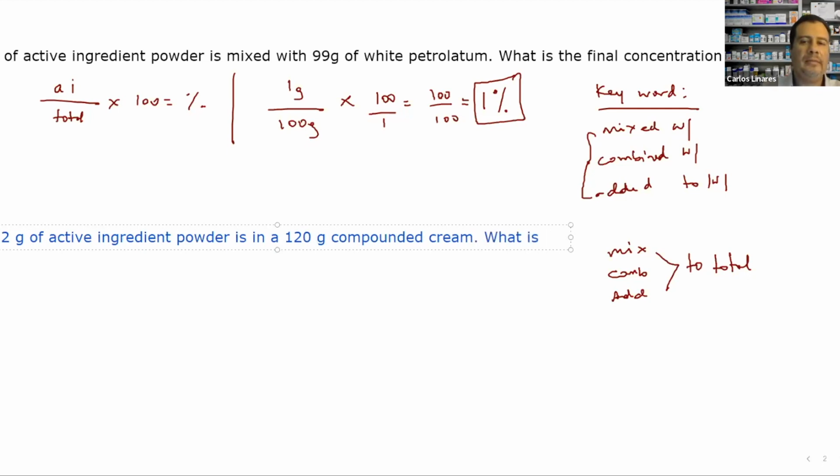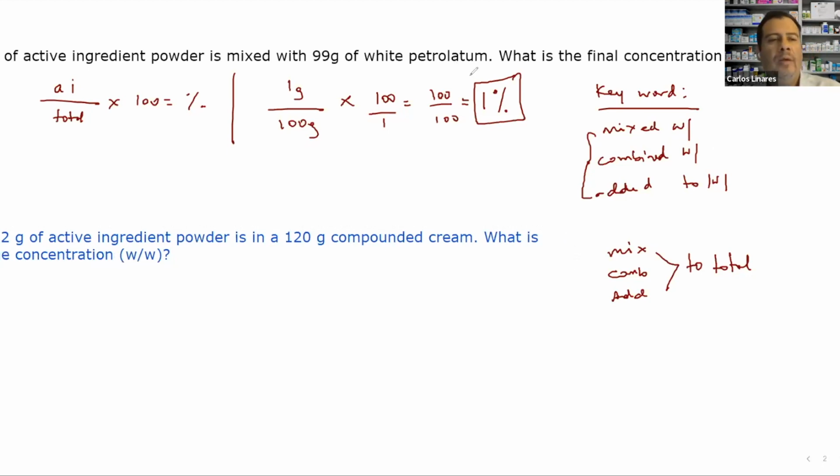What is the concentration weight per weight? So again, we're trying to find the percent strength. So for this problem, we're going to do exactly the same thing as we did before.